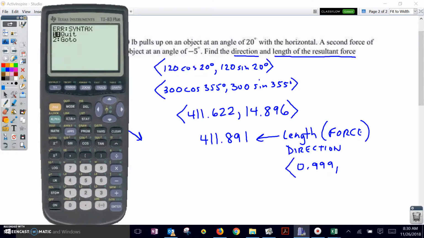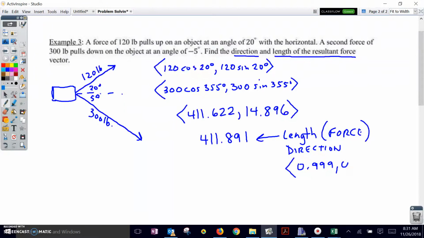Oops, what did I do? Put a parenthesis in there that I didn't need, and we've got 0.0364. So that's one way to express the direction.